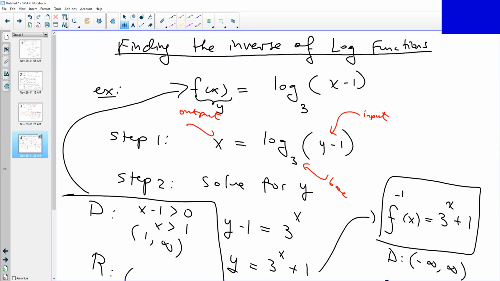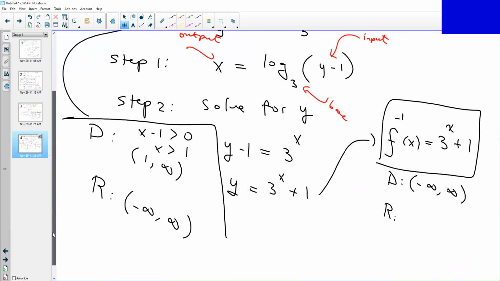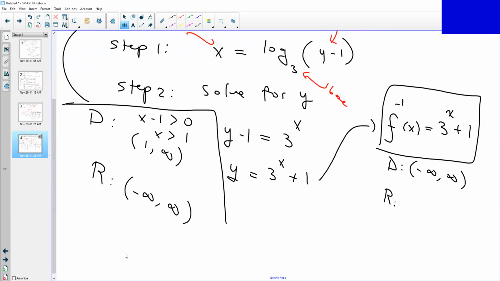That's the domain of the log function, and the domain of the log function is going to be the range of the inverse function. So now I will put here 1 to infinity. So that answered your question.